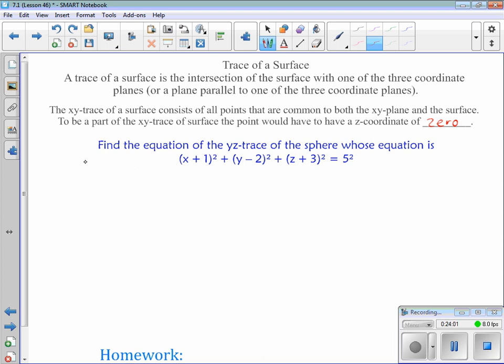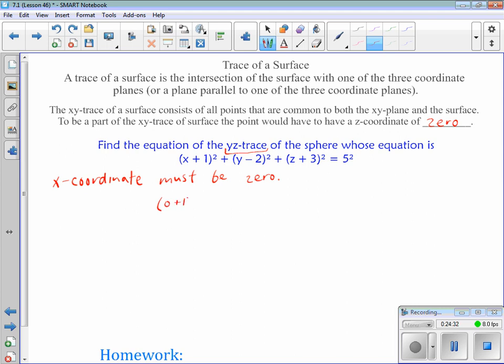Okay, so for this one, find the equation of the yz trace. So what am I going to do if I'm trying to find the yz trace? Yeah, the x has to be 0, so that might be something you want to write here. The x coordinate must be 0. Okay, so all you do is you plug 0 in for x. So I'm just going to write it out.